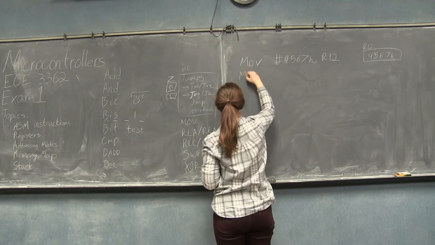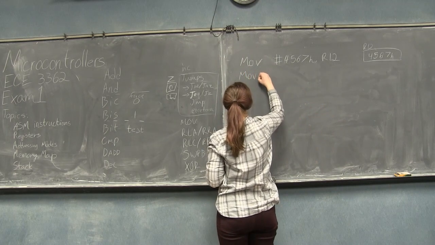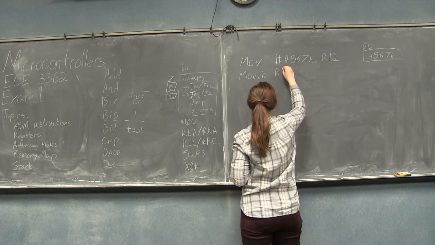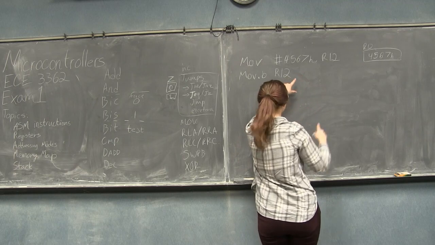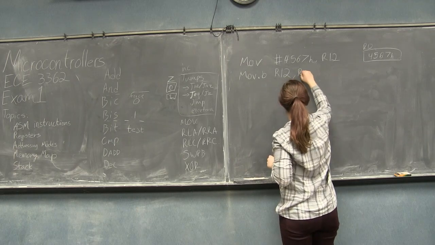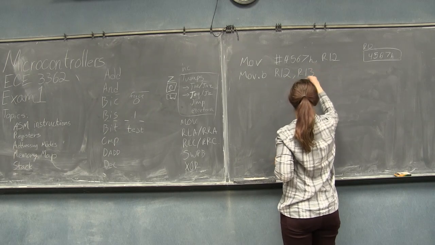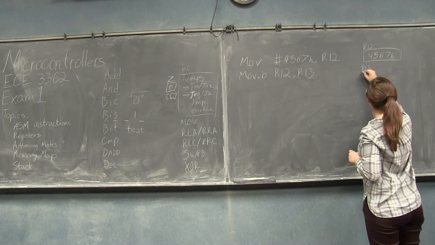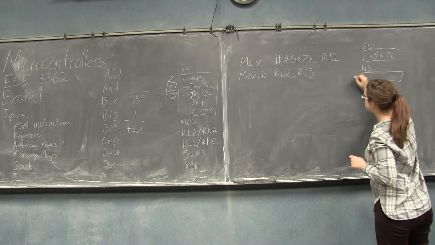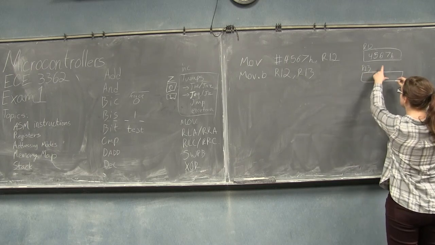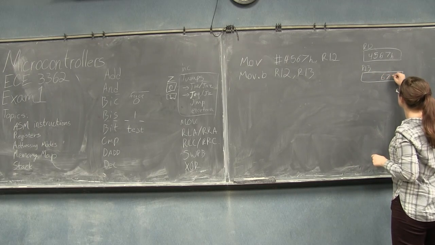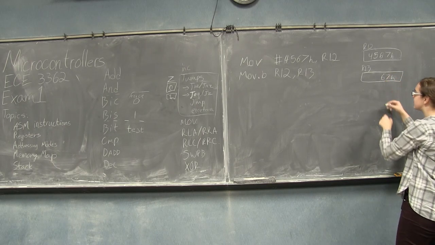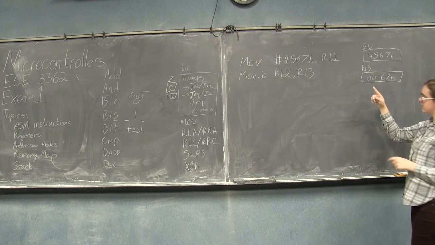If then, let's say, R12, so this same register, into another register, R13, R13 would contain the last byte and zeros.